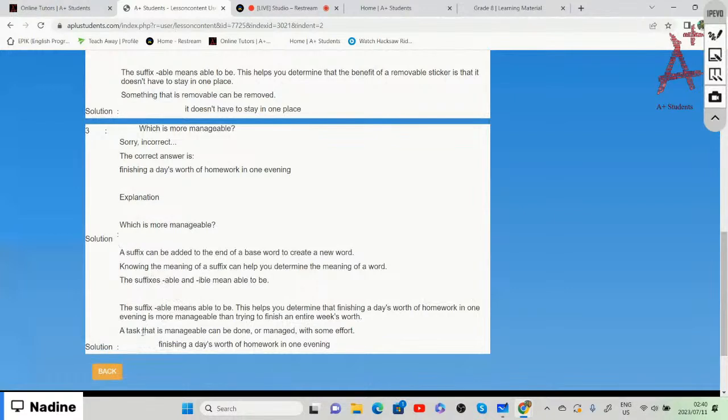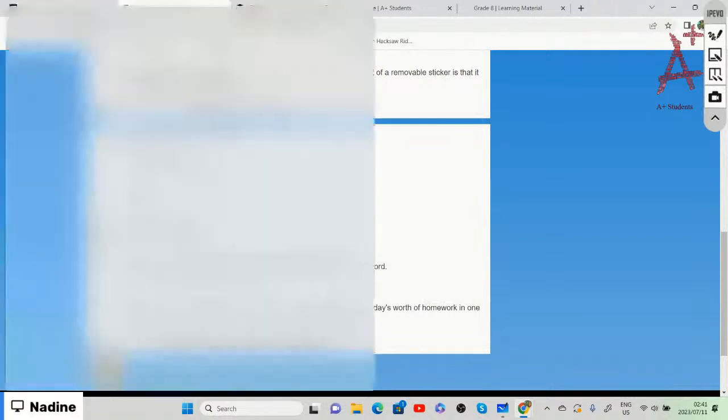A task that is manageable can be done or managed with some effort, whether it is finishing, writing, or whatever. If a task is manageable, it can basically be done with some effort.